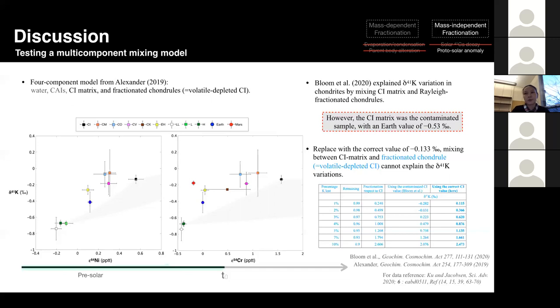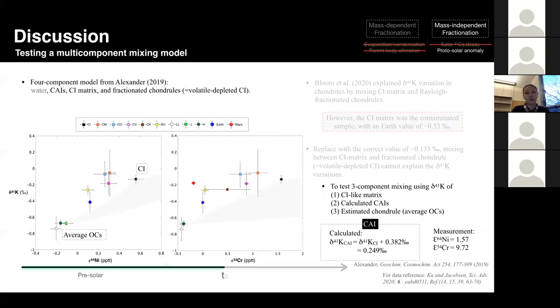After replacing the contaminated sample with the correct CI value, the potassium isotope variation cannot be the result of mixing CI-like matrix and chondrules under Rayleigh fractionation. The before and after results are shown in the table at the bottom right, where you can see the values actually change a lot after substituting the correct value.